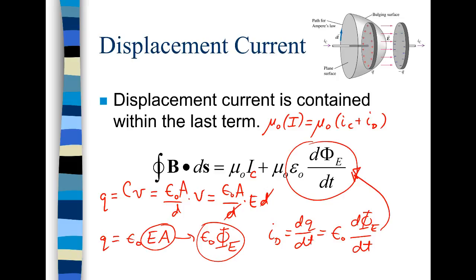Now, some of you who are advanced students or have studied this may recognize that mu naught epsilon naught is a very, very important concept. And we'll talk about how important a little bit later on, but it's very interesting that it pops up in this displacement current term.